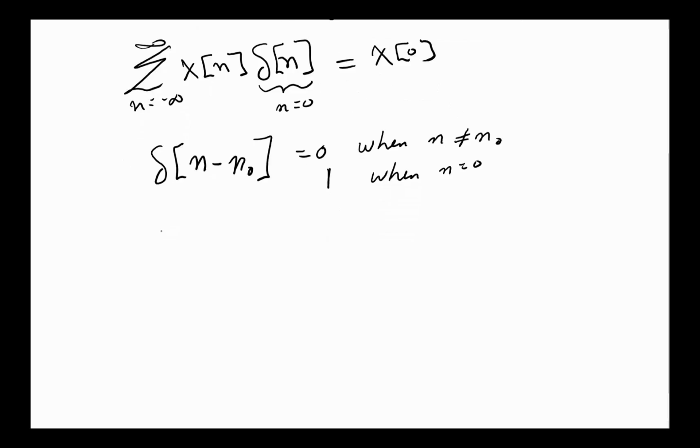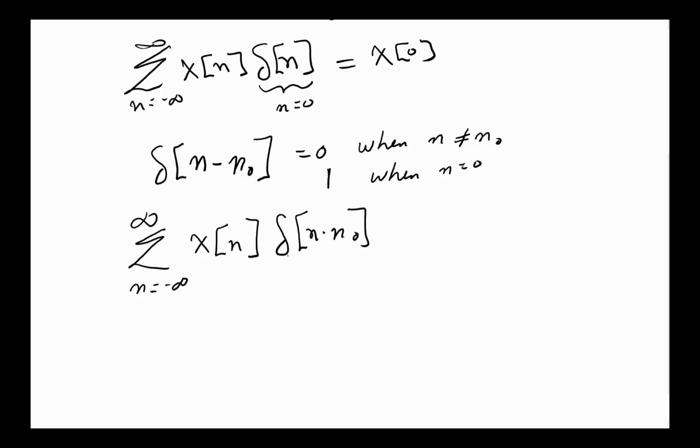For example, if we had the same function, the summation for n equal to -infinity to infinity of x of n times delta of n minus n0.